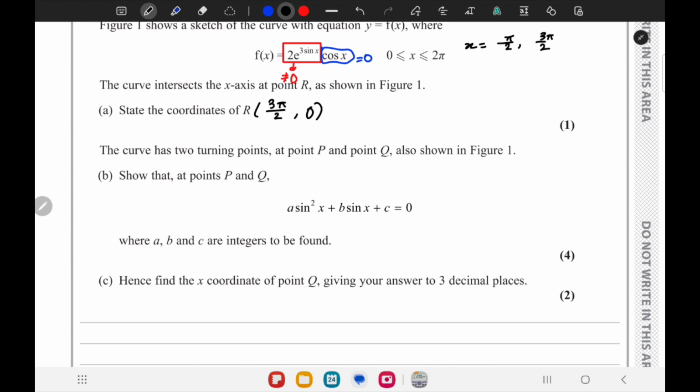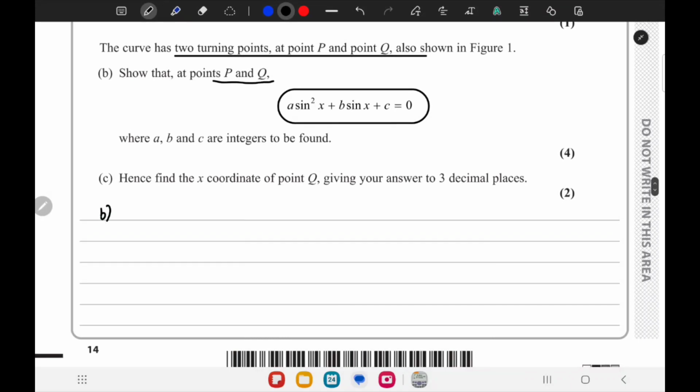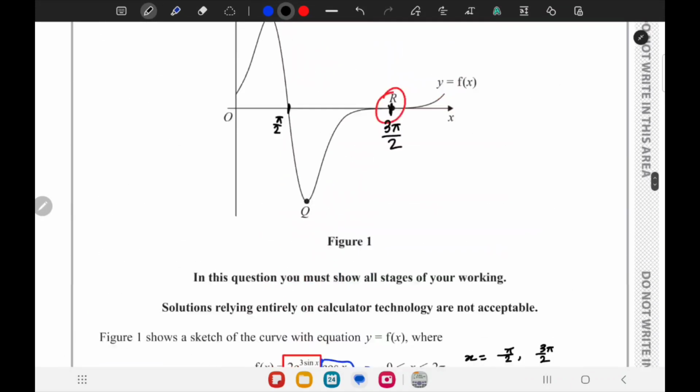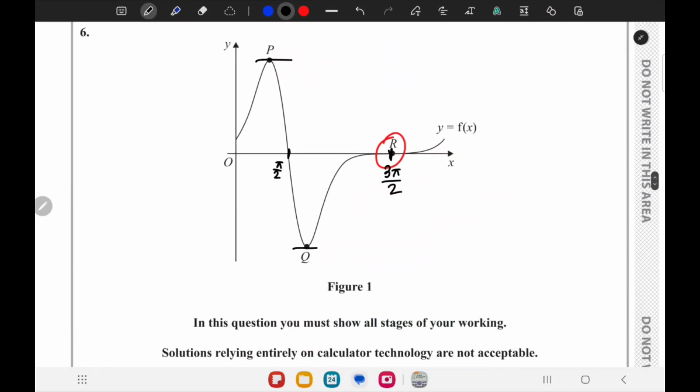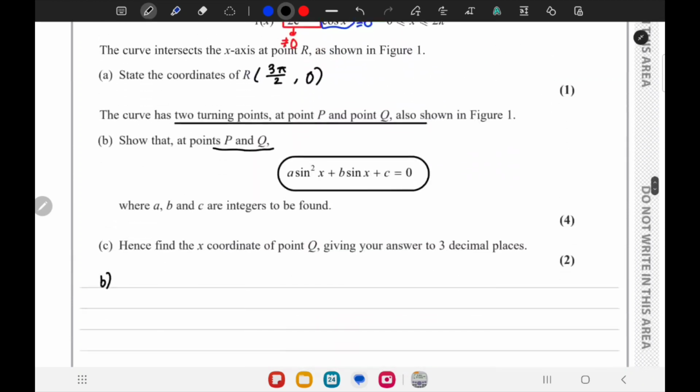Now it says that there are two turning points at P and Q, and we have to show that at points P and Q this equation is followed. For turning points, these are stationary points, so dy by dx will be 0. So we'll have to differentiate f of x.